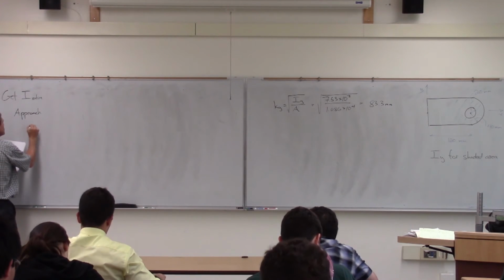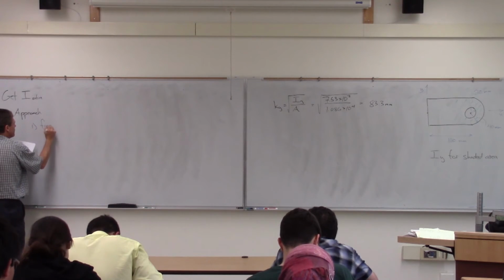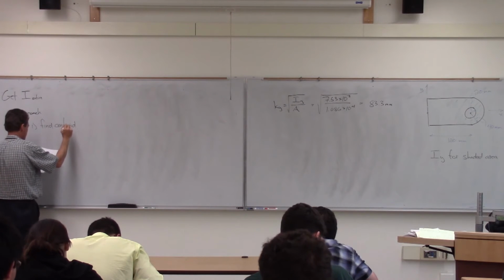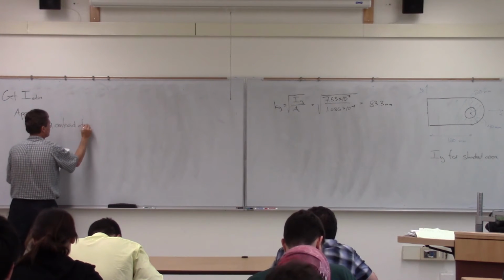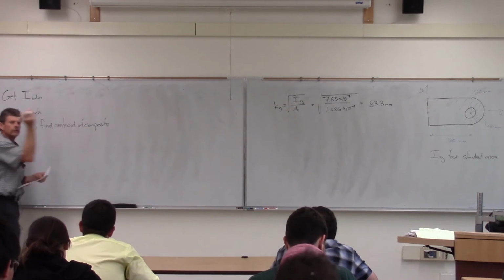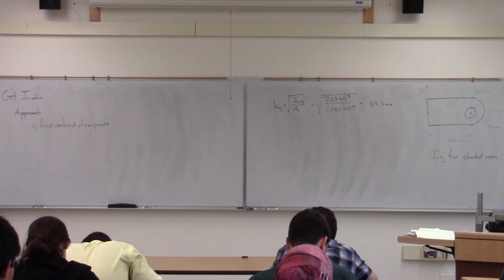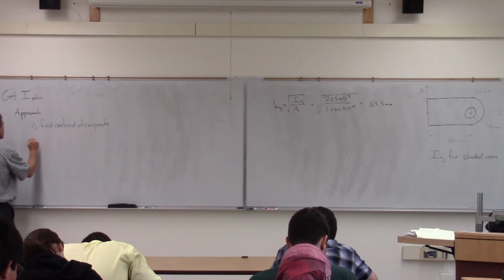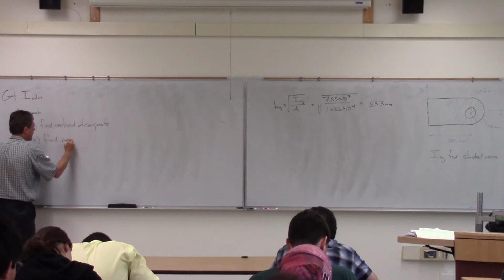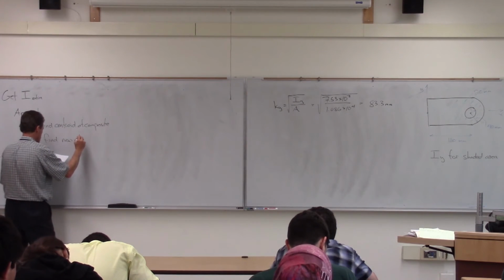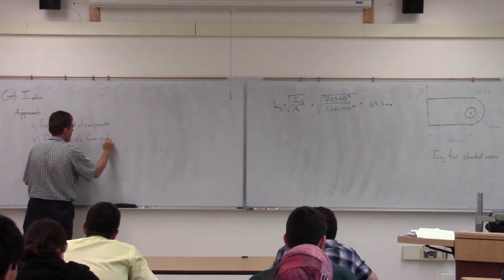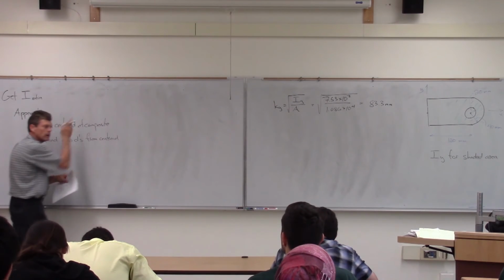So the approach is something we've already done. Find the centroid of that composite. And then the second step is our d's will change.